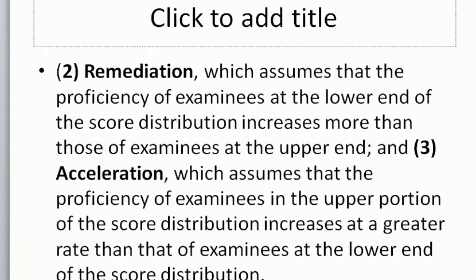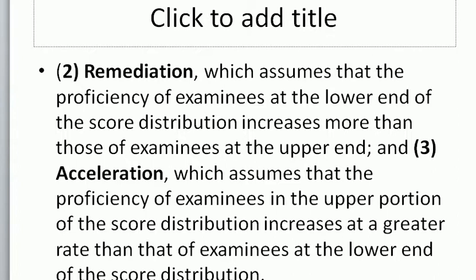It means that in a remediation approach, the rate of change or increase in growth is different for the lower end of the score distribution as compared to the upper end examinees' scores.